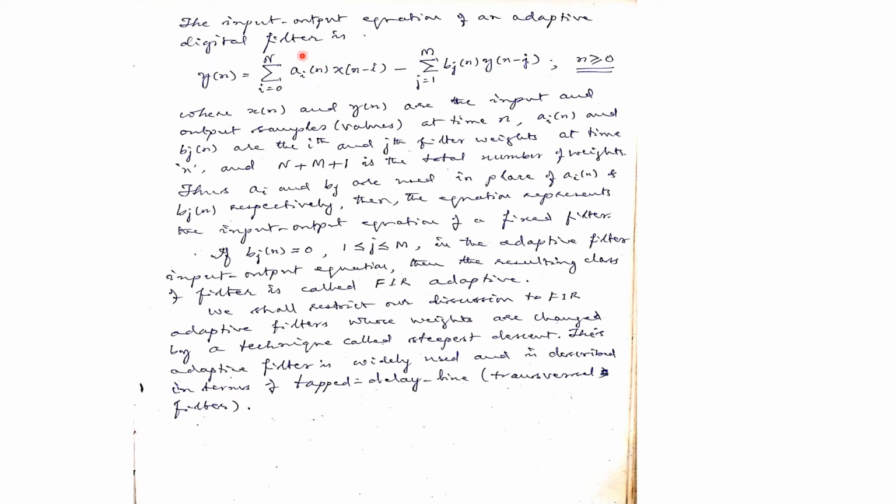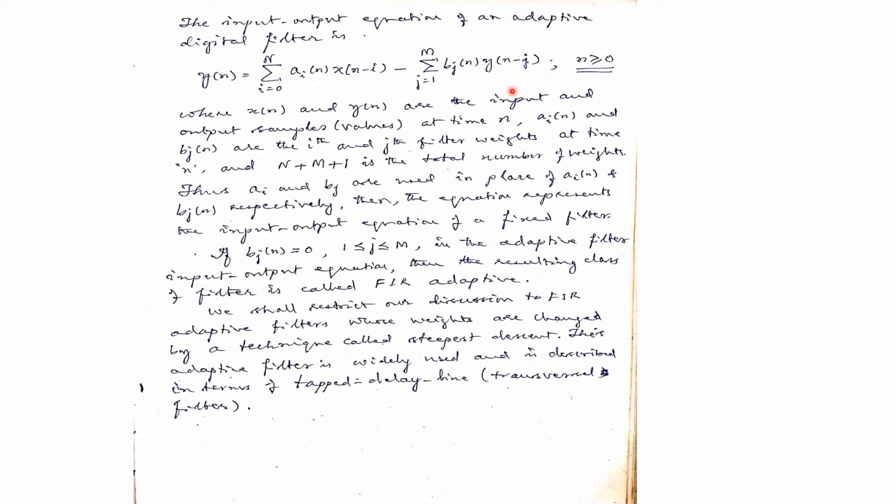So this is basically the difference equation pertaining to an IIR system, because the output is a function of previous output samples, that is y of n minus 1, y of n minus 2, etc. Thereby we can expect the filter to have poles, and hence we call this system an IIR filter.